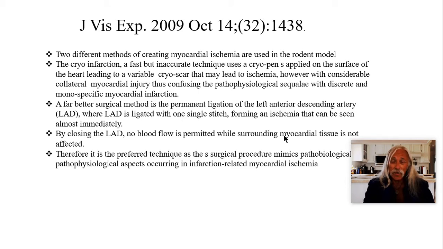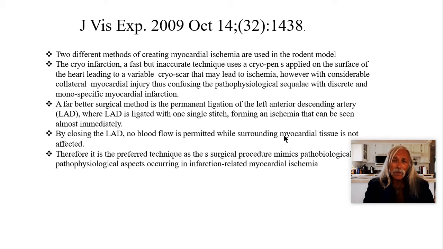Ischemia is going to lead to an infarction, right? By blocking blood flow, and therefore the ischemia part of it is the lack of oxygen, right? So there's the cryoinfarction that's used in rodents. It's fast, but it's an inaccurate technique, and it uses a cryopen applied on the surface of the heart, leading to a variable cryoscar, so it's not absolutely precise because you're using a pen.